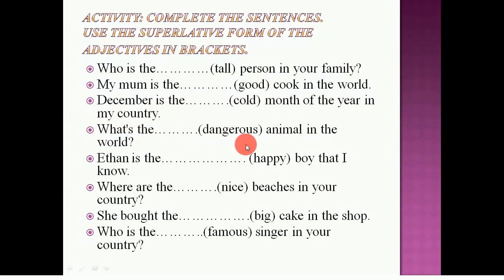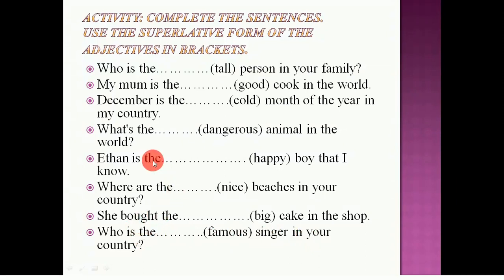What's the dangerous animal in the world? Ethan is the happy boy that I know. Where are the nice beaches in your country? She bought the big cake in the shop. Who is the famous singer in your country?